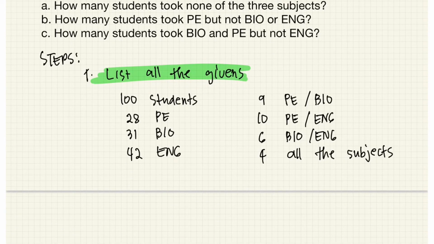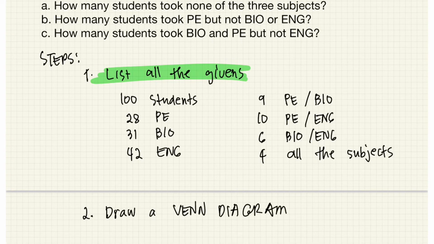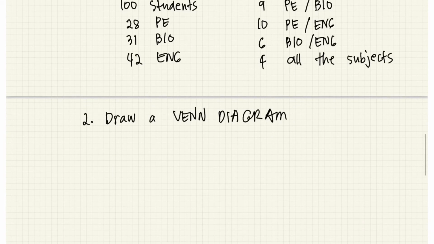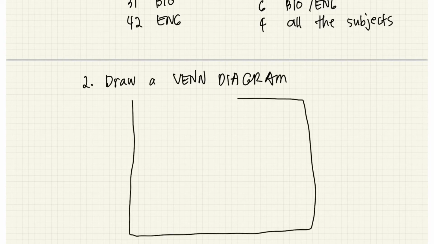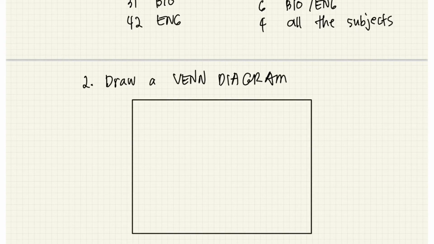Okay, now we go for second step. Second step is we draw a Venn diagram. Now since we have three sets, we're going to draw a little bigger Venn diagram. We have three circles.